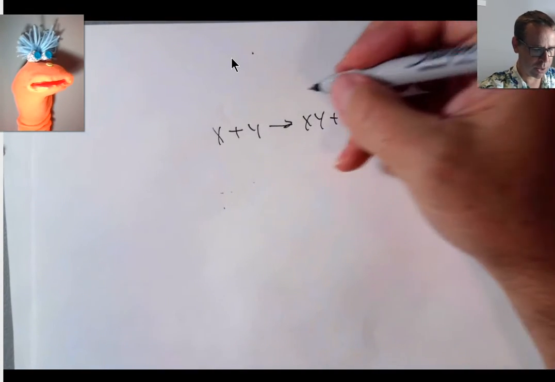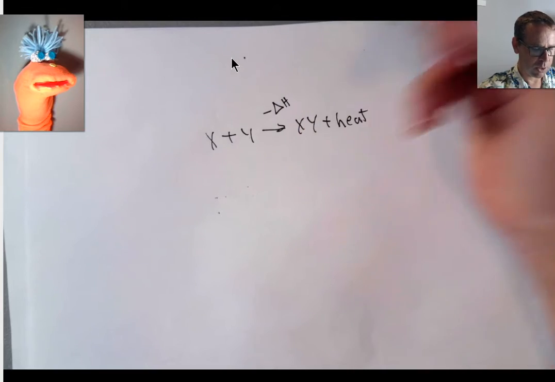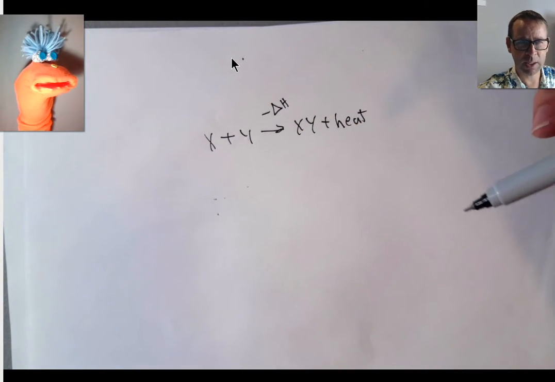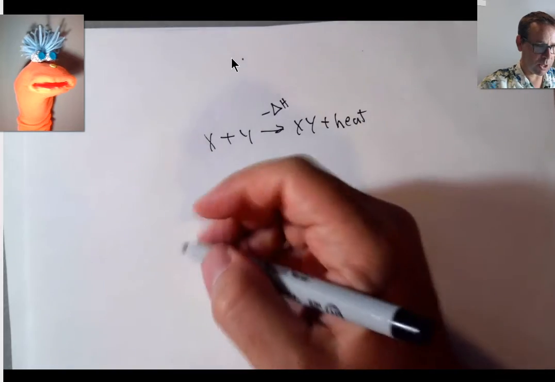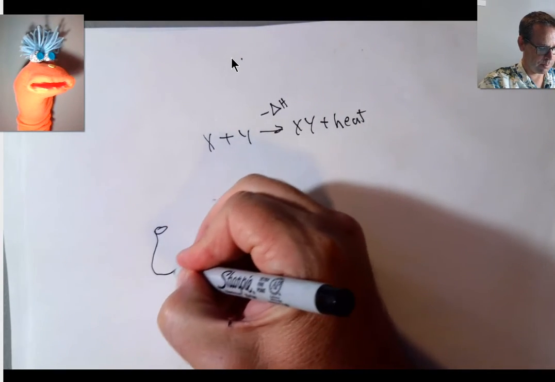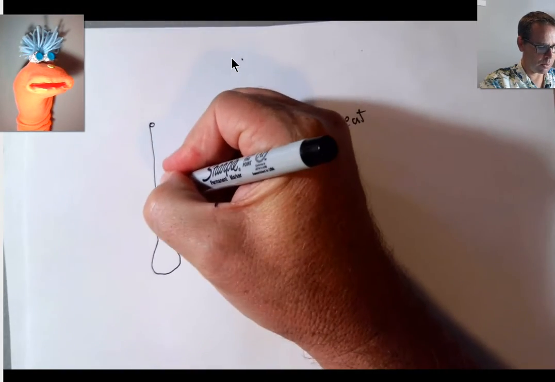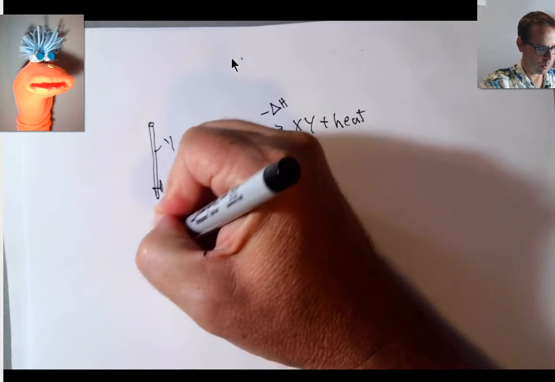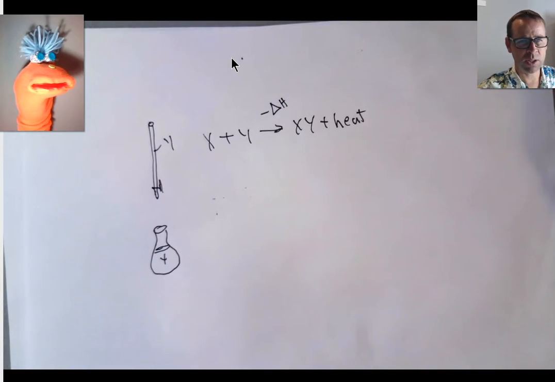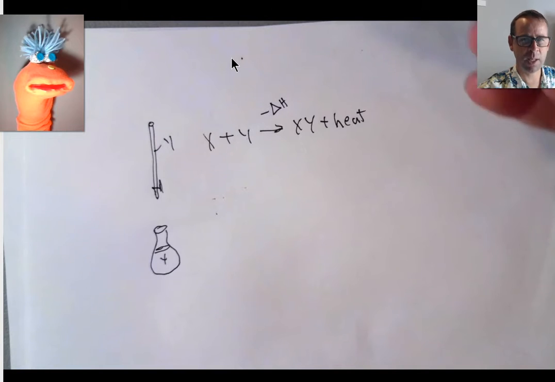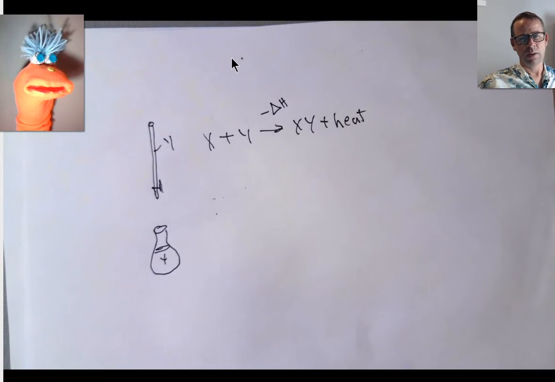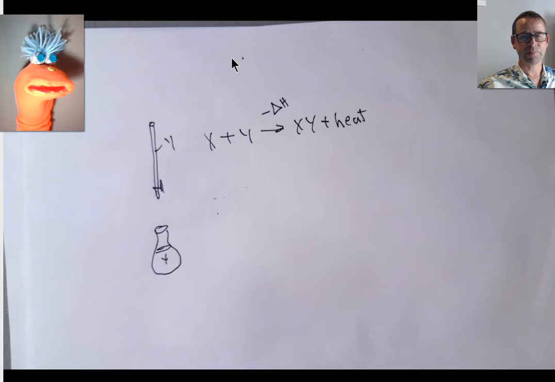Negative delta H. That's right, negative delta H. So if X and Y releases heat, and you start with X, and you add Y, right? Then as you combine X and Y, the temperature increases as the heat is released.